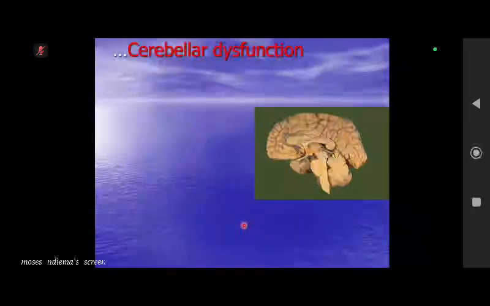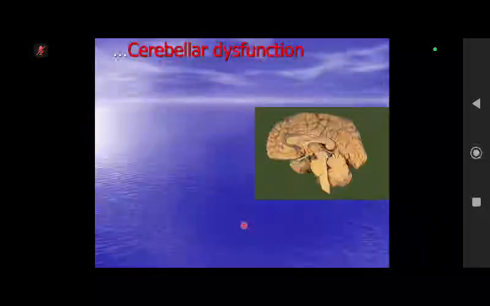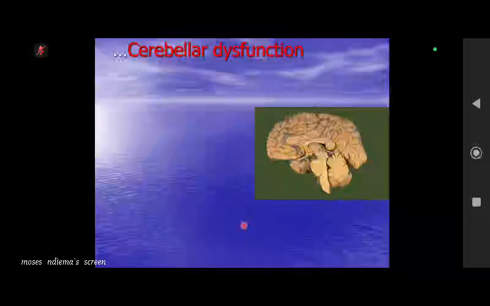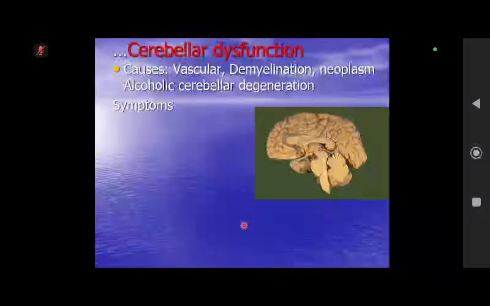So that is important. And what are some of the other things that can cause problems? Alcoholic cerebellar degeneration. You have seen alcoholics normally having problems with holding even a cup. So we have demyelination, we have cancer, neoplasms that can originate from the cerebellum or elsewhere in the brain but affect the cerebellum.